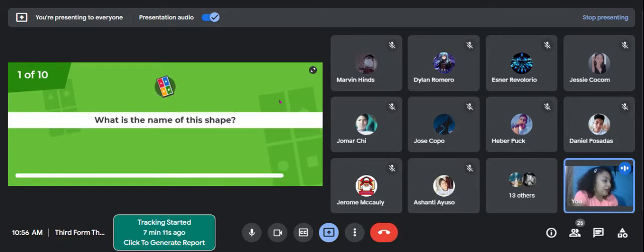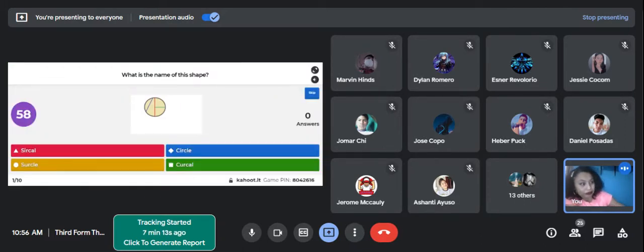What is the name of this shape? Okay, anybody that gets this wrong, I am going to be having a big issue. What is the name of the shape?